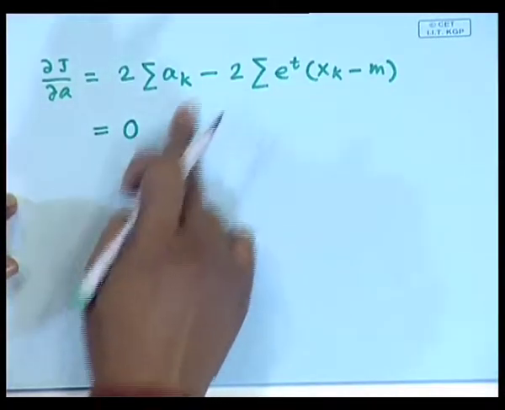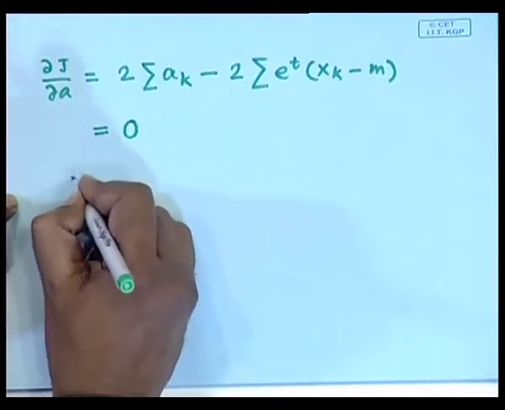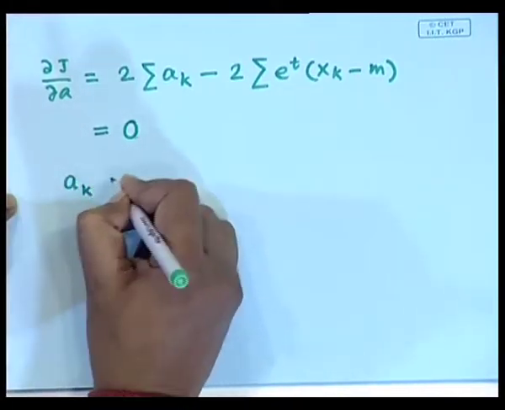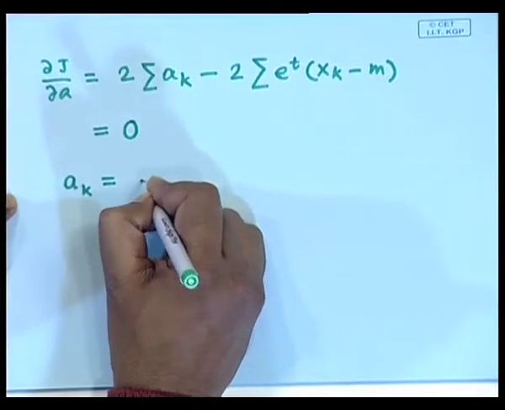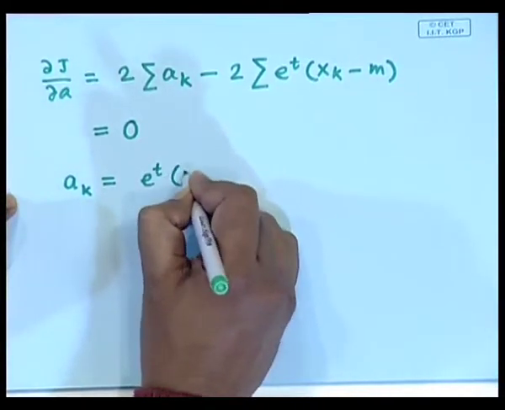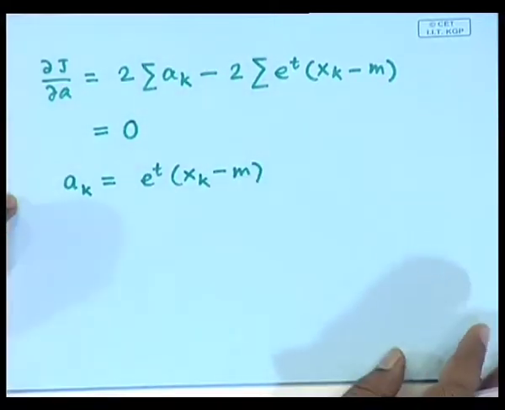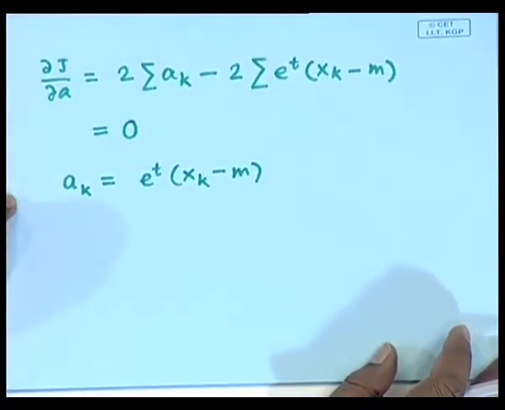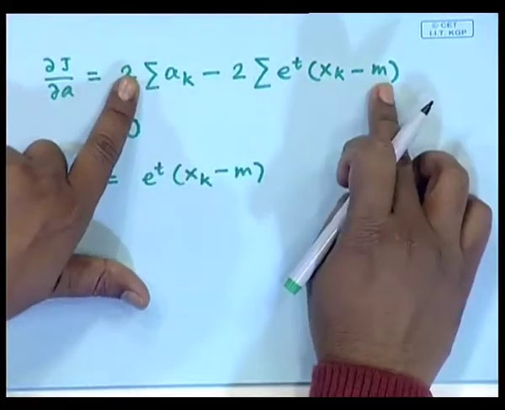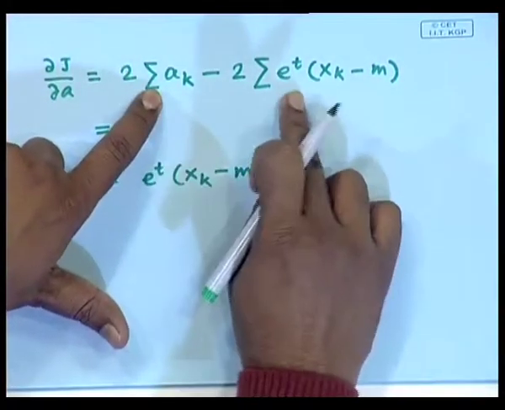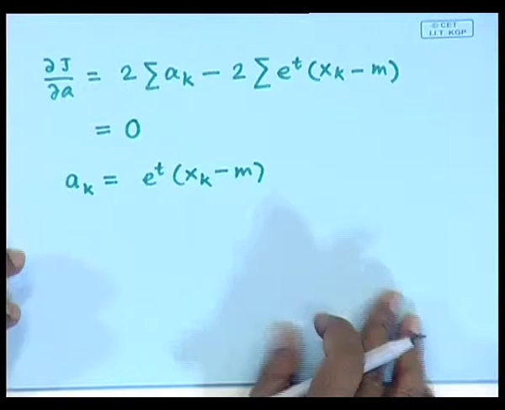Okay. So, when I equate this to 0, I get simply a k is equal to E transpose x k minus m. Now, what is this?